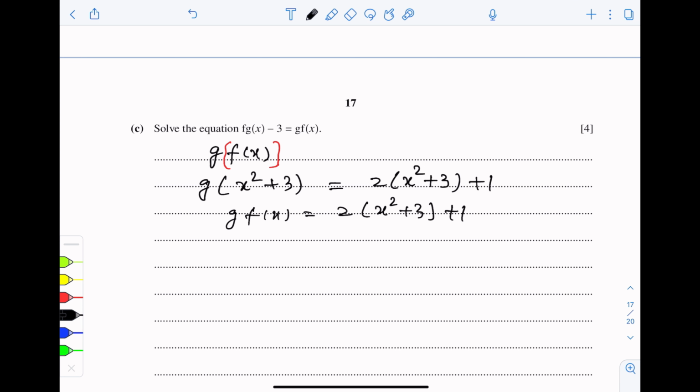Now it is given that we have to solve this equation. Fgx minus 3 is equal to g of fx.